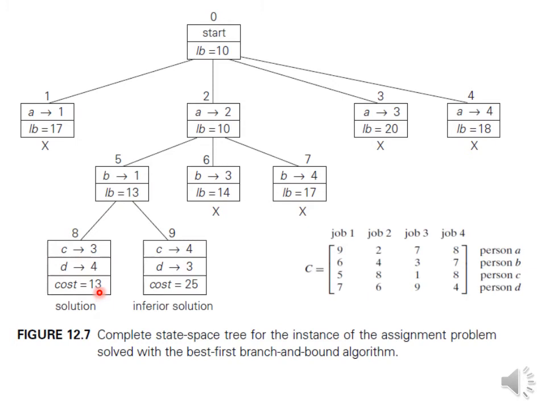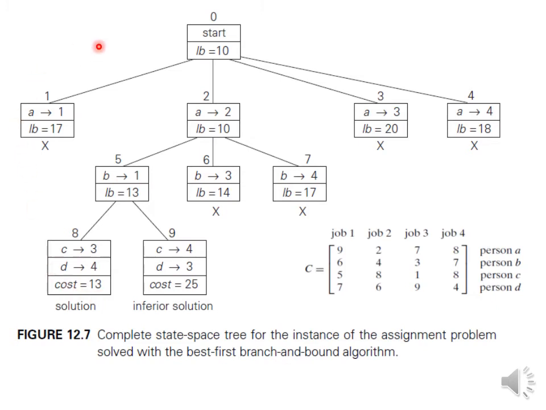So what we can observe is that any expansion of unexpanded nodes won't lead us to a better solution than this one. So this itself is the optimal solution for us.